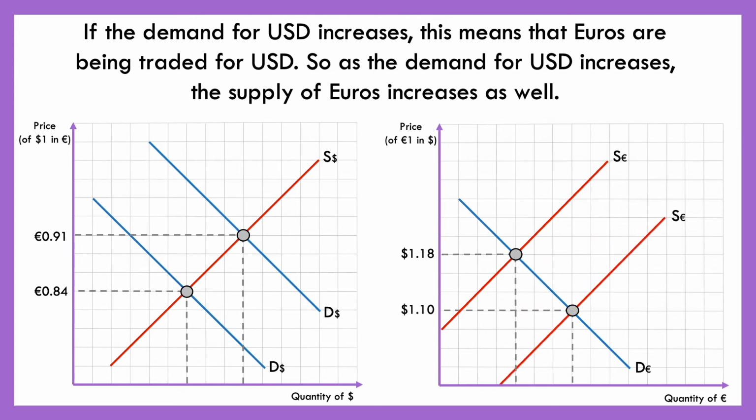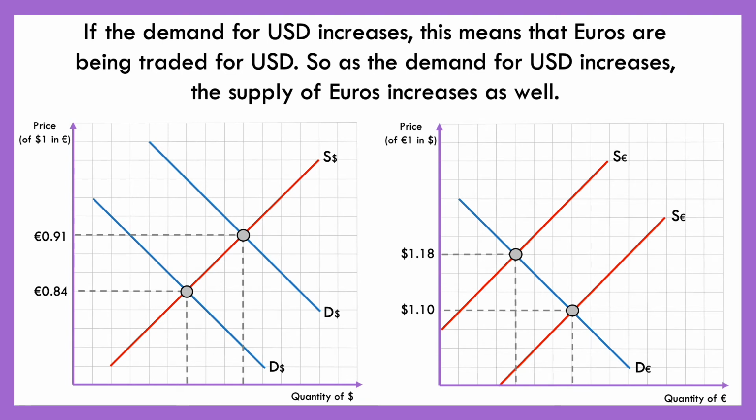And if you notice, as the price of the US dollar goes up, the price of the euro goes down. And this should make sense. Think about it. If it now costs you more euros in order to buy 1 US dollar, that's the same thing as saying it's going to cost you fewer dollars to buy 1 euro, right? And that's exactly what we see happen here.